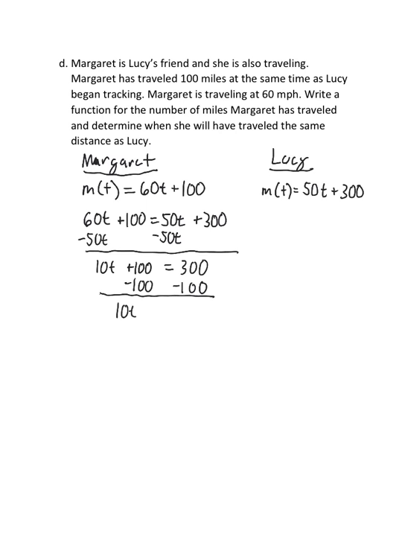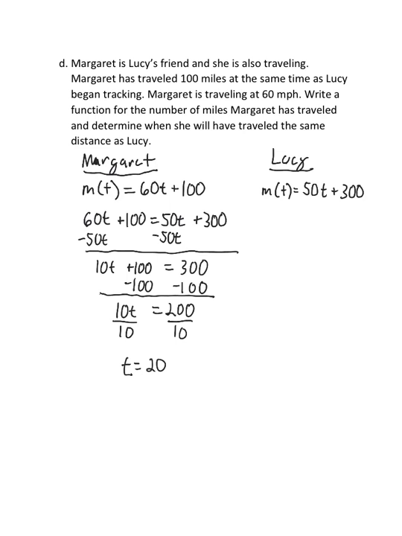So 10t equals 200. And if we divide by 10, t equals 20. So what does that mean? That means in 20 hours they will have traveled the same distance.